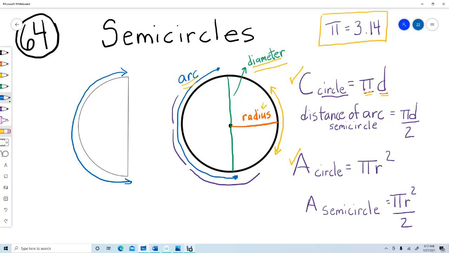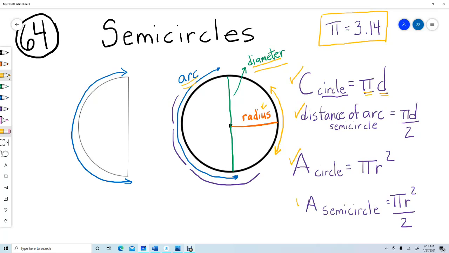So the information that we learned for the circle gives us the ability to find the length of that arc around a semicircle. And that's going to be, let's look over here again at my formulas, the distance of an arc of a semicircle is pi d, you'll recognize that to be the formula for the circumference of a circle, divided in half. Okay, that's pretty intuitive and obvious. So the distance around the arc of a semicircle is half of the circumference of the whole circle.